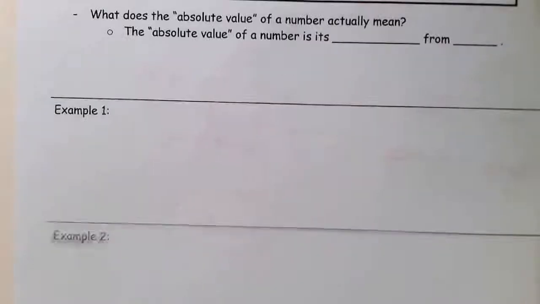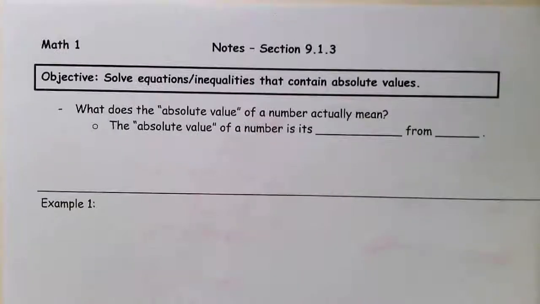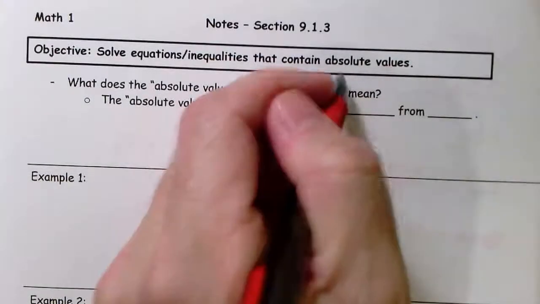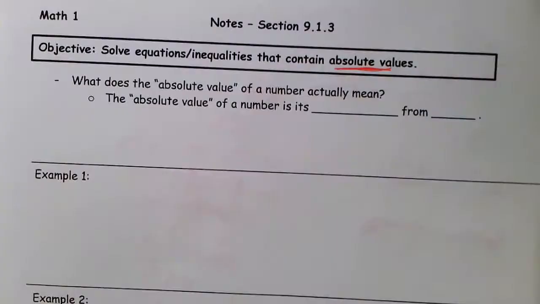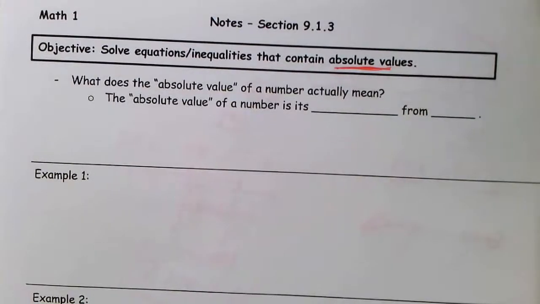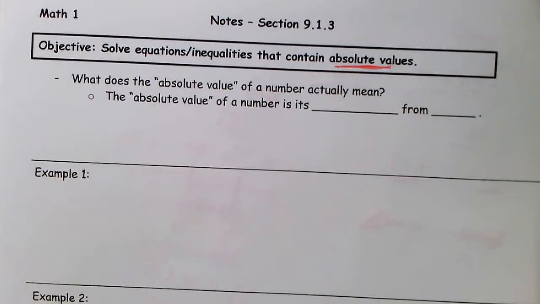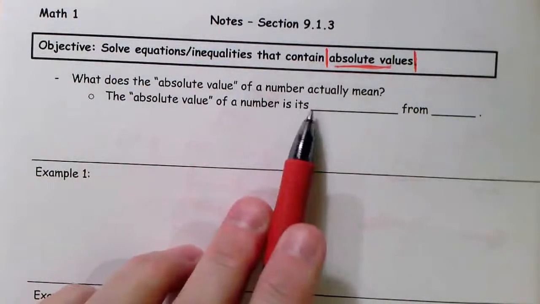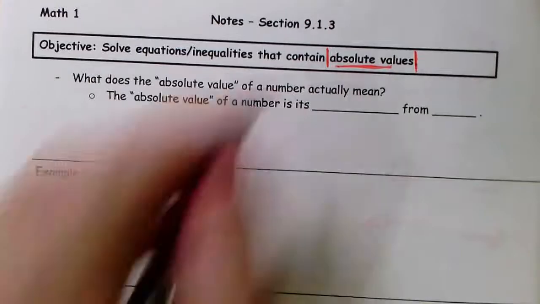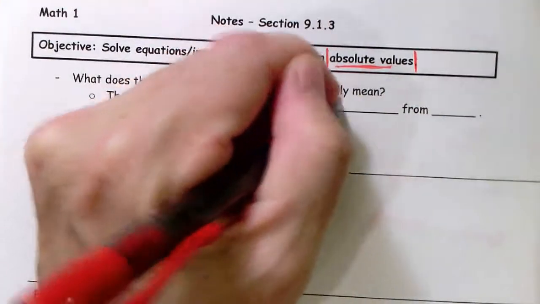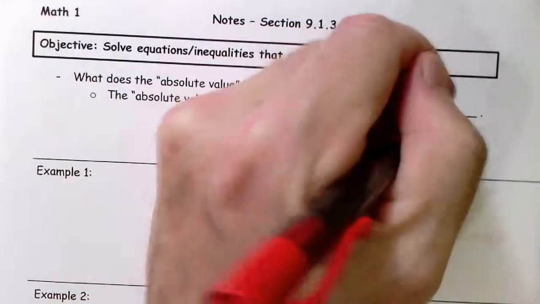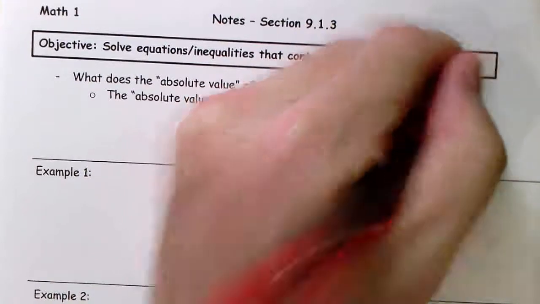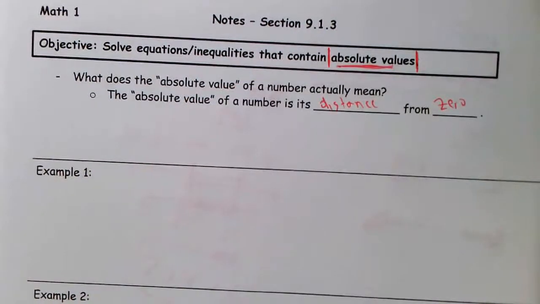Let's go to the notes. All right, so the big topic for today is these are going to include absolute values. So what does the absolute value symbol actually mean? Do we all know that absolute values are these two bars? I think we should. The absolute value of a number means its distance from 0 on a number line.